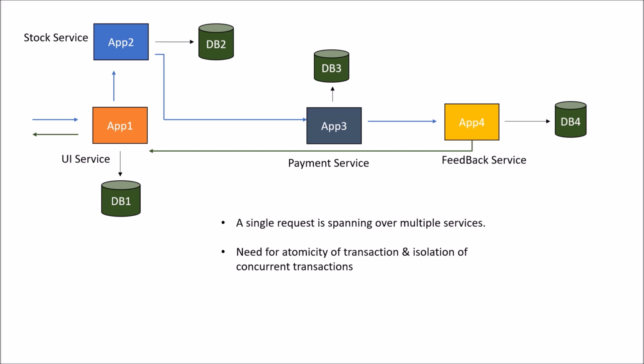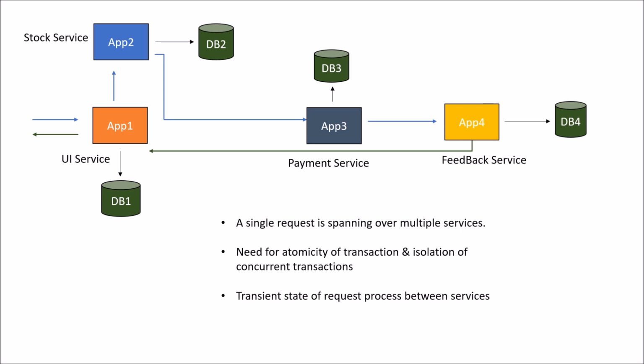stocks. Next point, the transient state of request processing between services. As we discussed earlier, at the payment service, let's imagine the transaction is going on, money is deducted, but due to some reason the transaction fails.